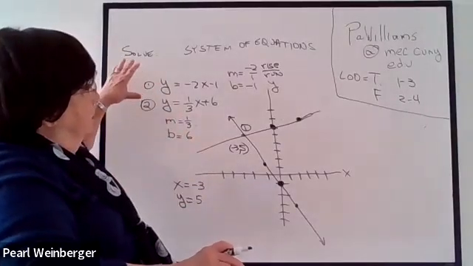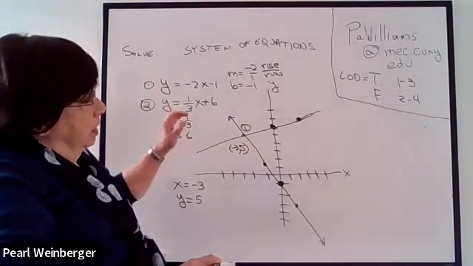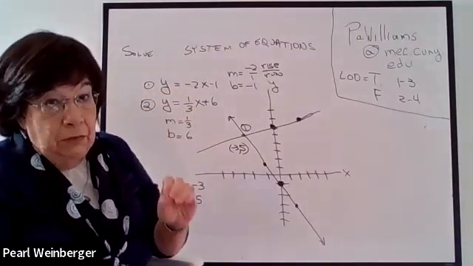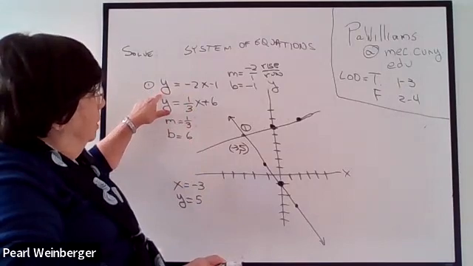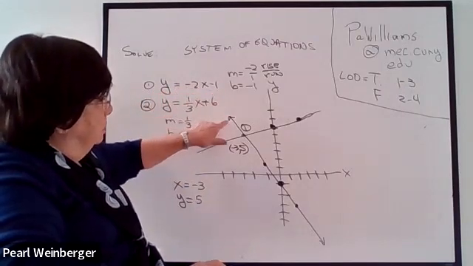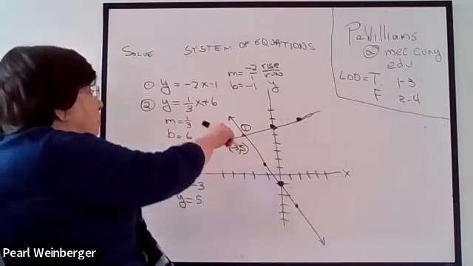So this is any time you want to solve a system of equations graphically on the Delta Math. What you have to do, for example, when we have y equals negative 2x minus 1, which is actually this line that we graphed over here, number 1.